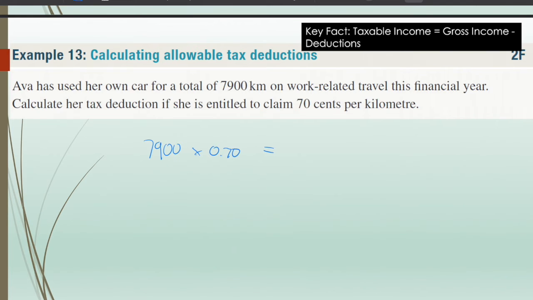You put that into your calculator, you get 5,530. Ava can claim that. This is common language that you'll hear around tax deductions. You claim a tax deduction from the government.